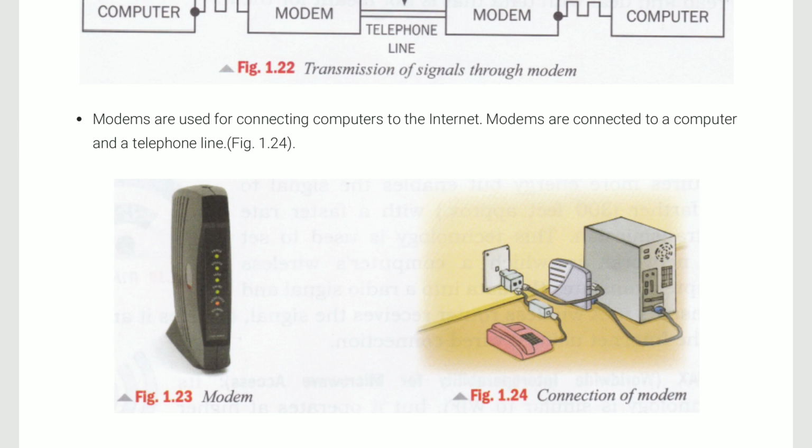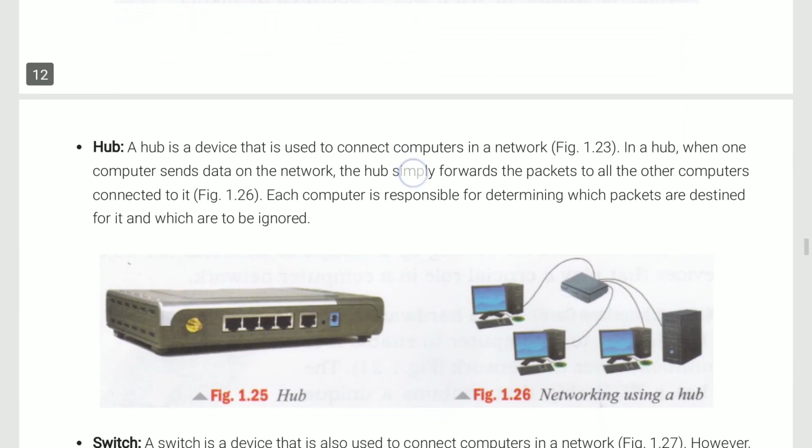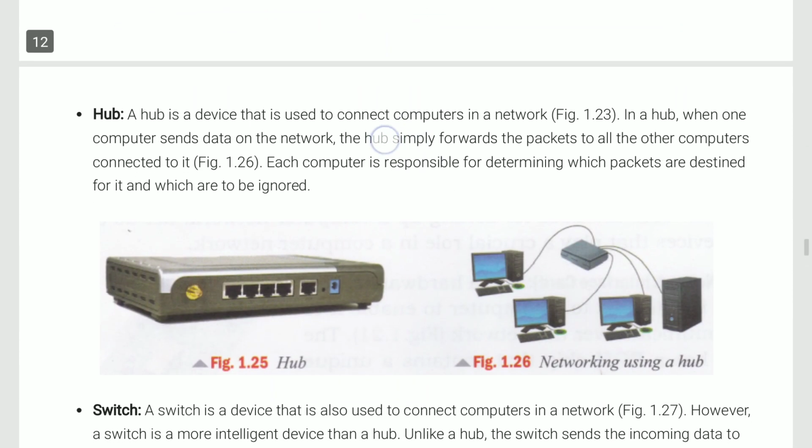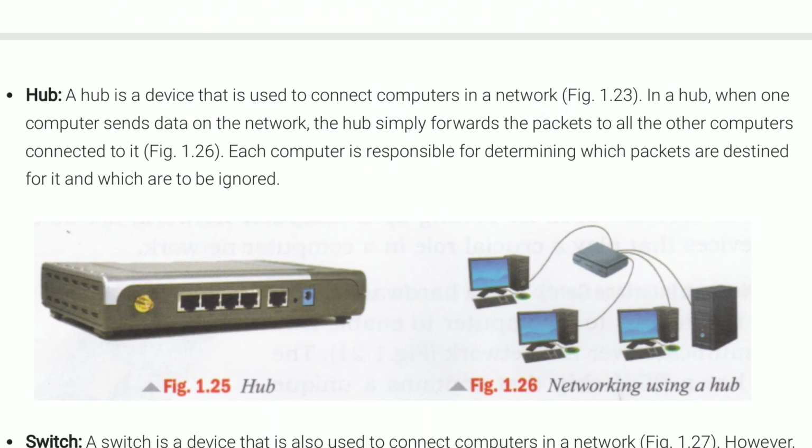Now, the next point is hub. What is a hub? A hub is also a network device. It is also a hardware device which is used with computer systems to connect several computers together.